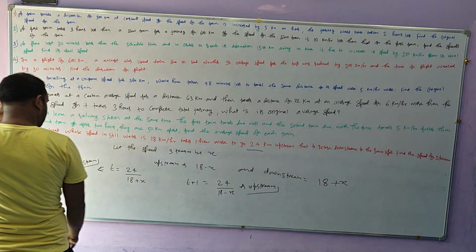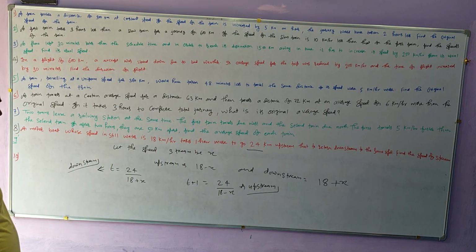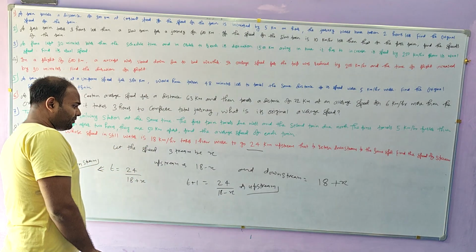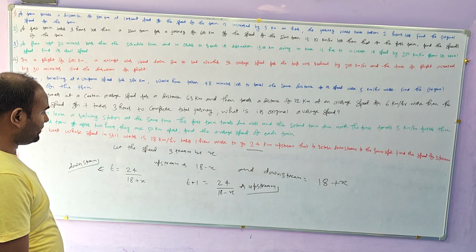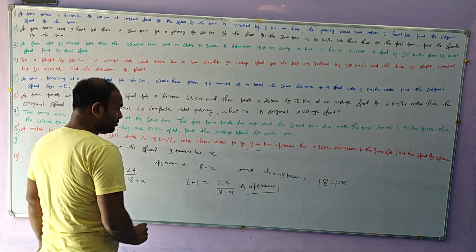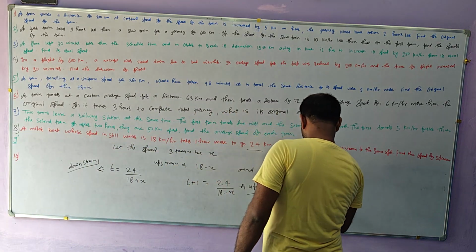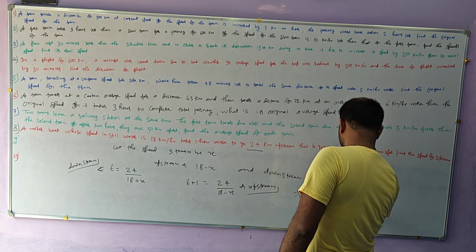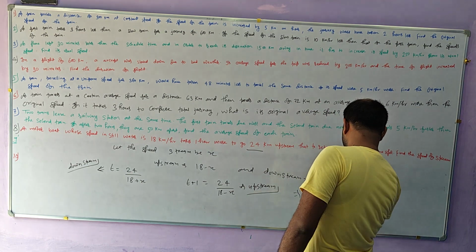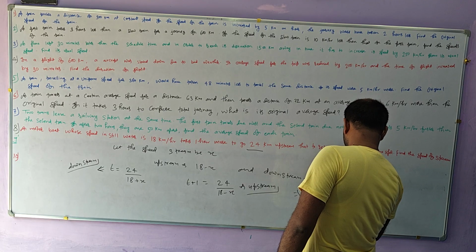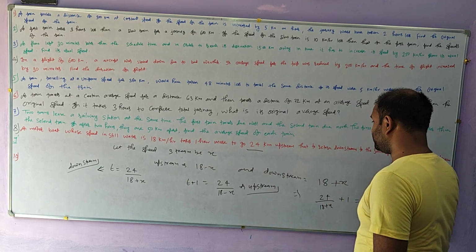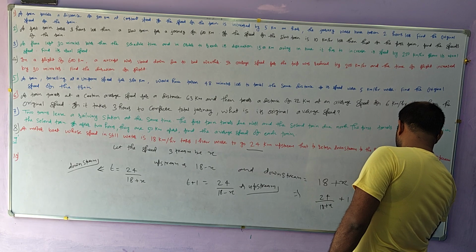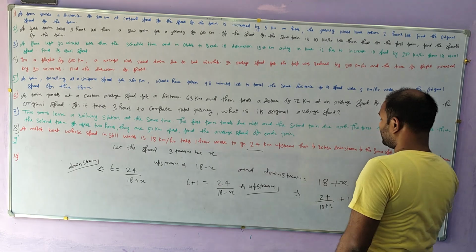So we simply put t equal to this. We can write in another way: 24 upon 18 plus x plus 1 is equal to 24 upon 18 minus x.